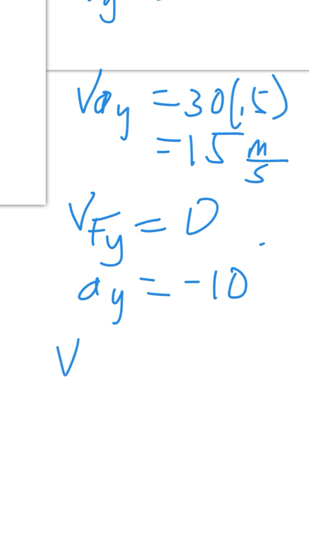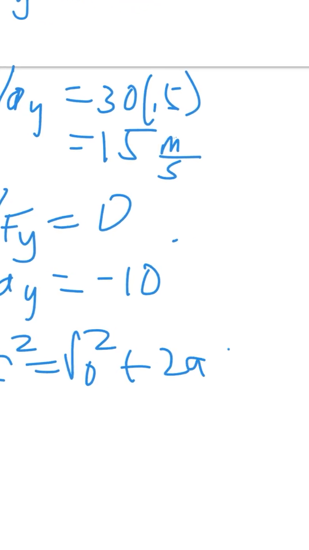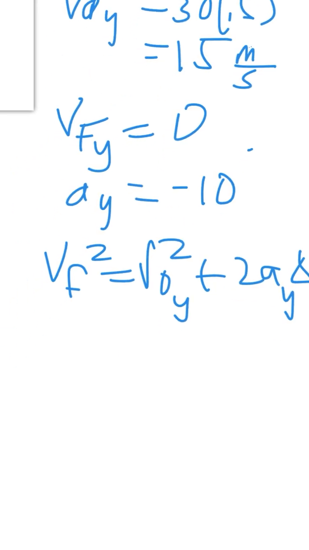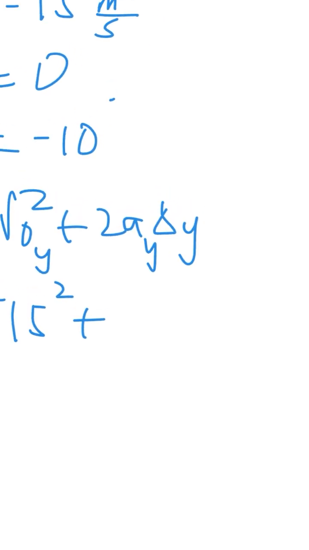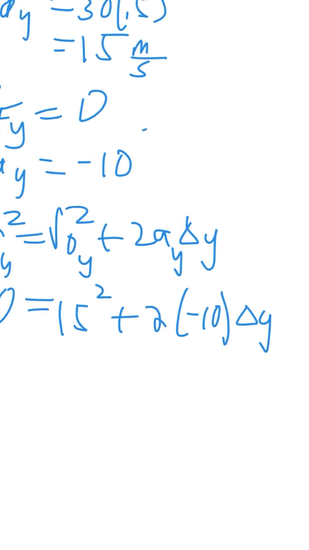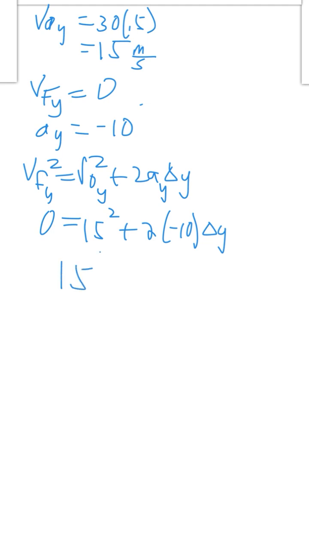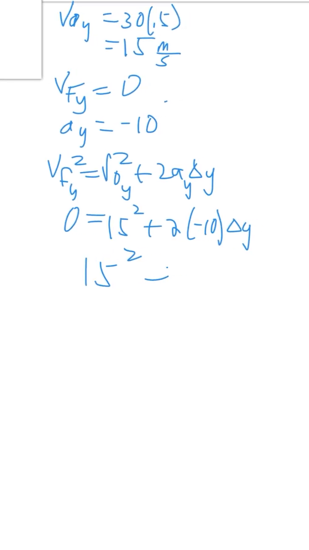But not really, because VF squared equals VO squared plus 2A change in Y. So 0 equals 15 squared plus 2 times negative 10 times change in Y. So 15 squared equals negative 20 change in Y.